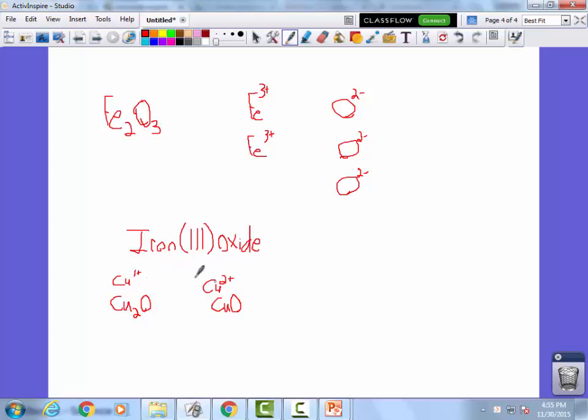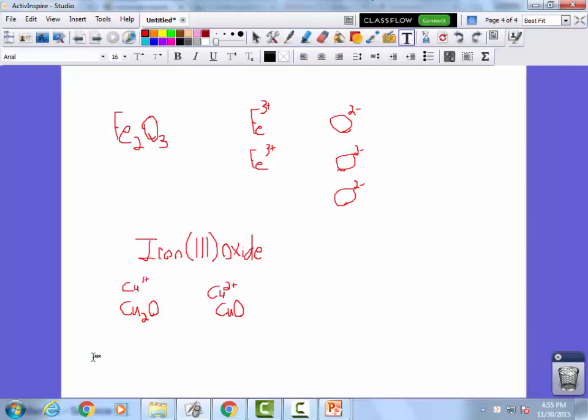These different circumstances arise in different situations. So again, we need different names for these two things. This would be copper Roman numeral 2, so copper(II) oxide. And this one over here, oopsie, this is supposed to be copper(I) oxide. And this one is copper(II) oxide. So again, a different chemical needs a different name.